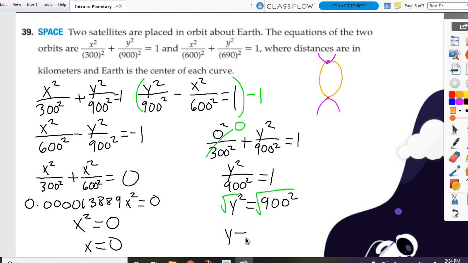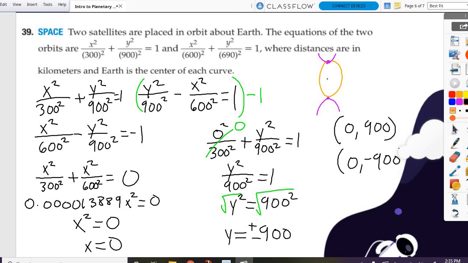So I just get 900, because my squared reduces with my square root, but remember that we have to put a plus or a minus. So we're going to get 2 points, 0, 900, which makes sense because if this is at 0, 0, which both of them are centered at, it's all going to line up, and so we will have only gone up and down and not any left and right. And so those would be the 2 points that they intersect at.